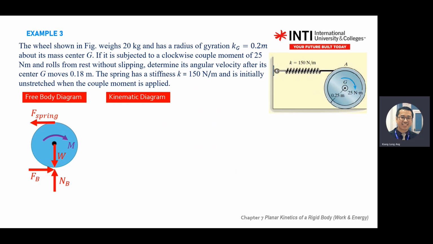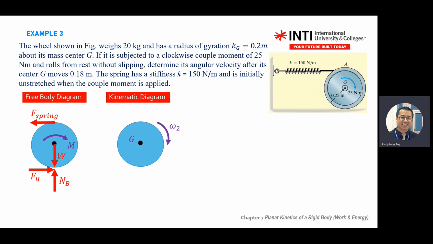Okay, what else? Kinematic diagram or kinetic diagram, how do you draw? So you should have acceleration where? Your MA where?